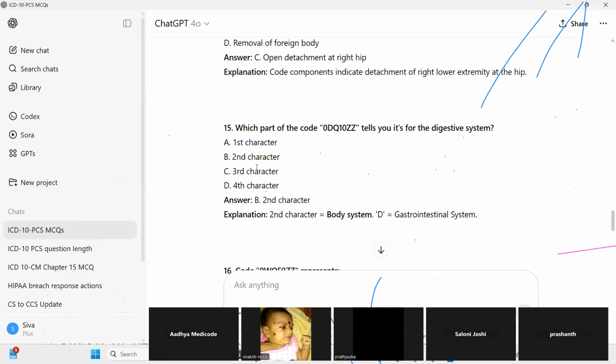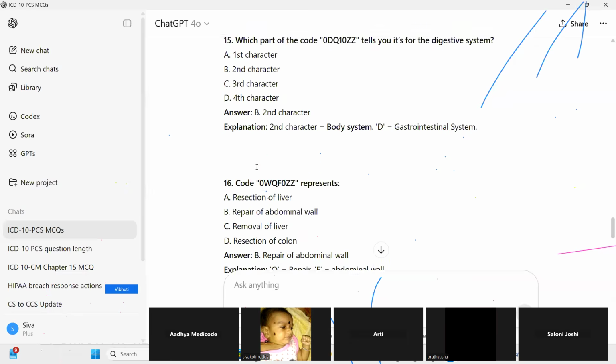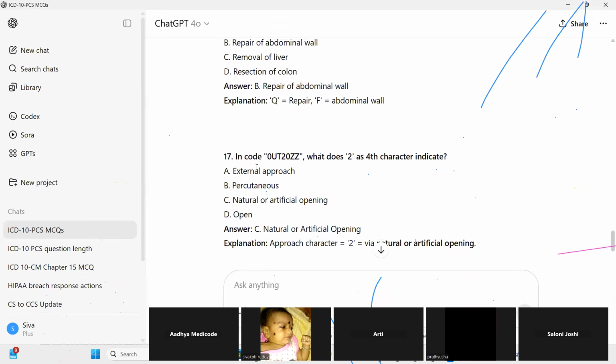Which character represents body system? The second character.